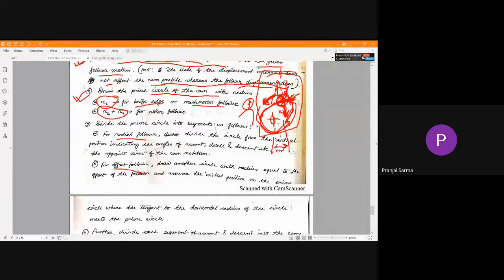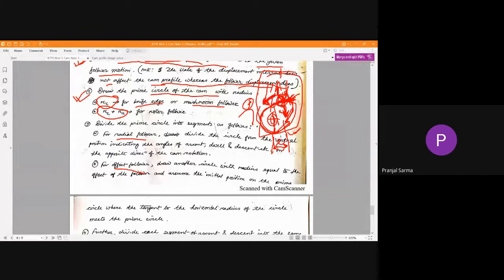There is some eccentricity, as you can see here, so this is offset type. Had it been radial type, the axis of follower motion would pass through the axis of rotation of the cam. Then it would be inline or radial.